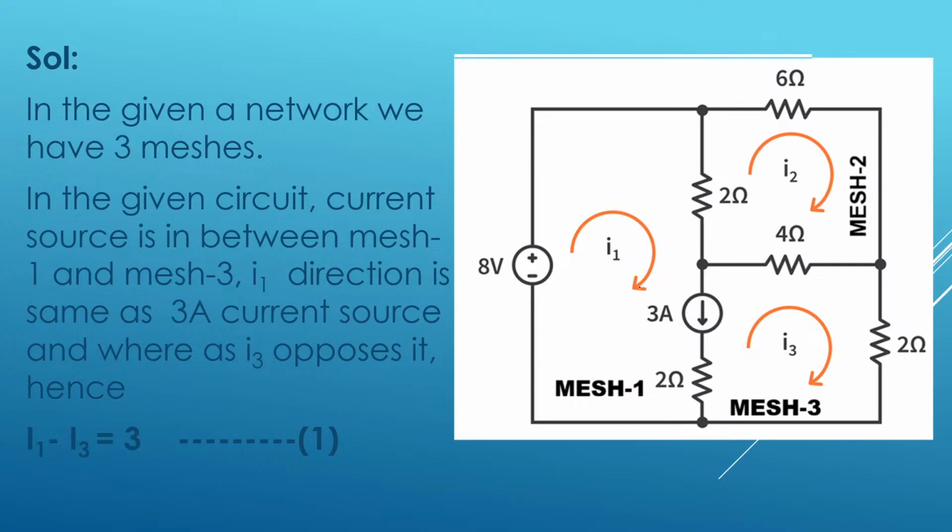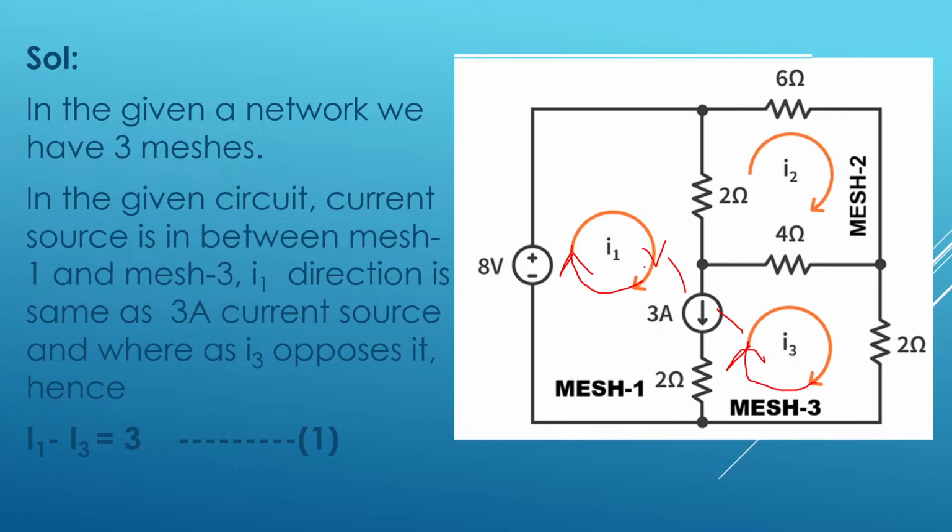Based on how you draw this complete circle. See, the current is clockwise, so on this side it will be upward. What about this I1? On this side it is upward, but on this side, nearby to the current source, it is downward. On this side I3 is upward, and I1 is downward.